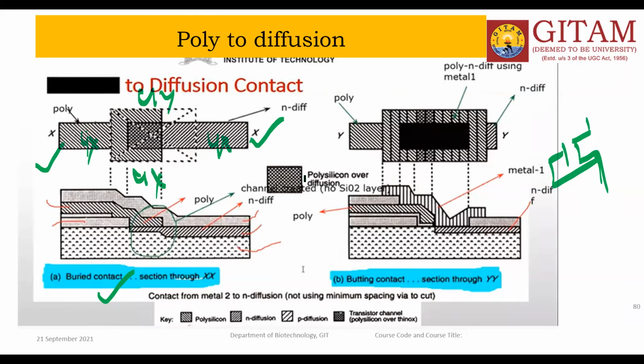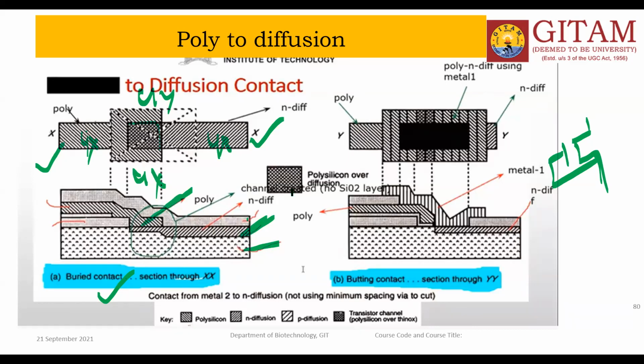This is the region where polysilicon and diffusion are interconnected. If you see this picture, the top one is the substrate, this is the oxide, this is the poly, and this is the diffusion.